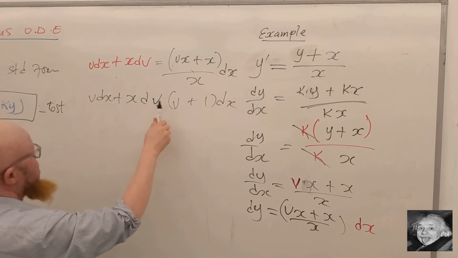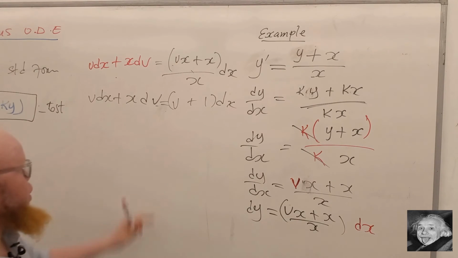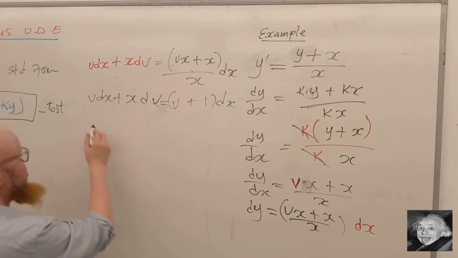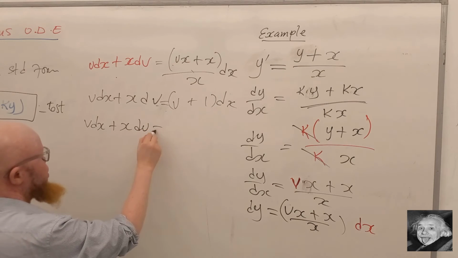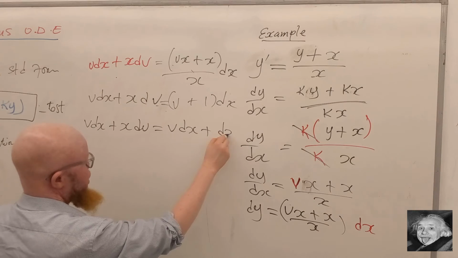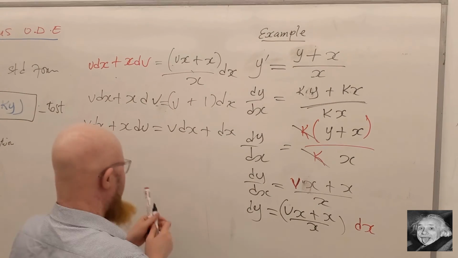So now if you reach this stage, you can see that I can distribute this. It will be v dx plus x dv is equal to v dx plus dx.